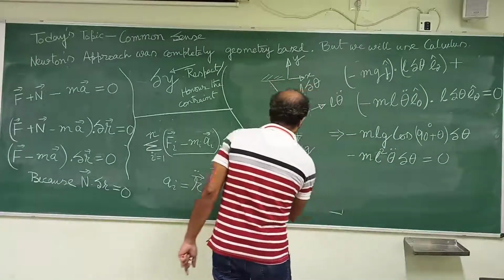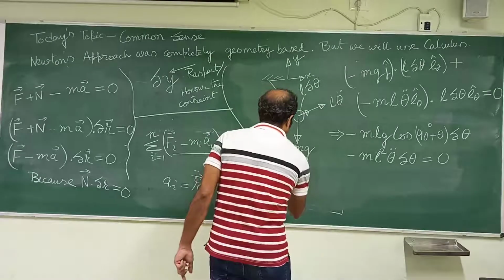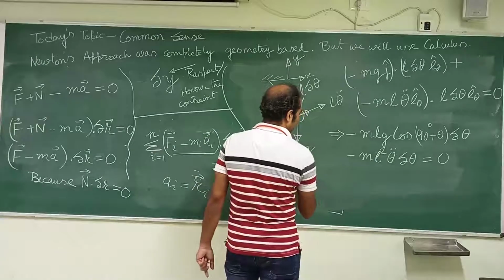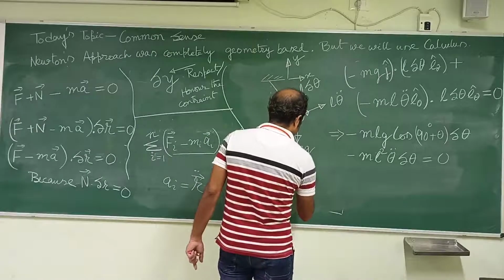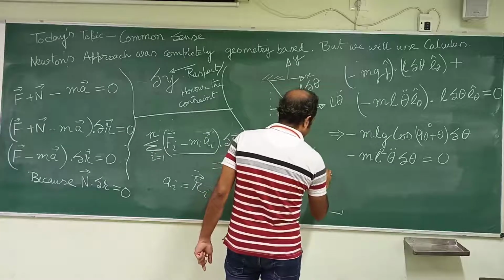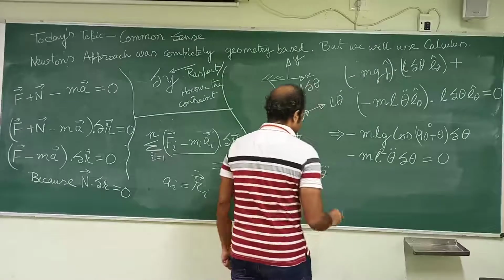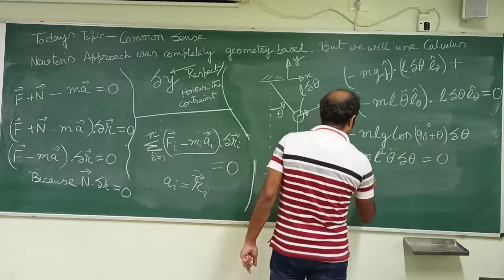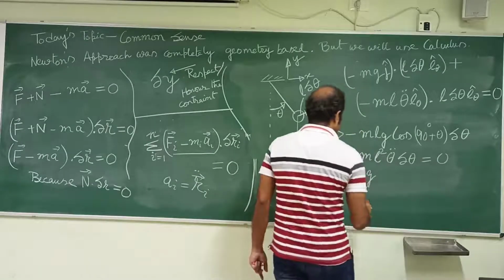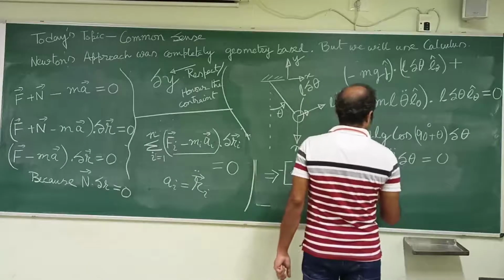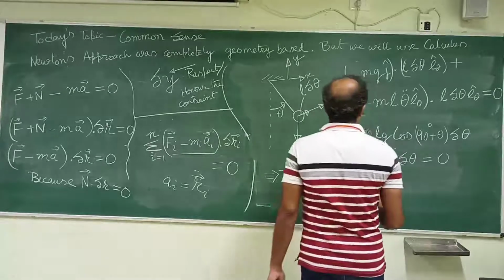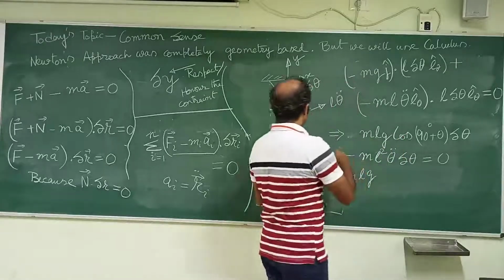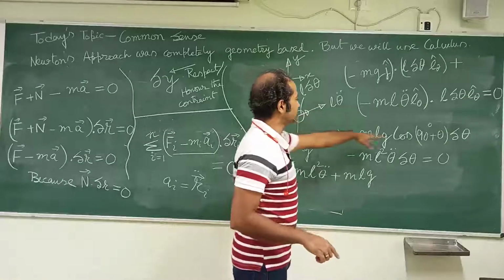Okay, so next step, let's take a square bracket: minus m L square theta double dot plus m L g. Now the minus is not going to be there, because we have already taken the geometrical sign.